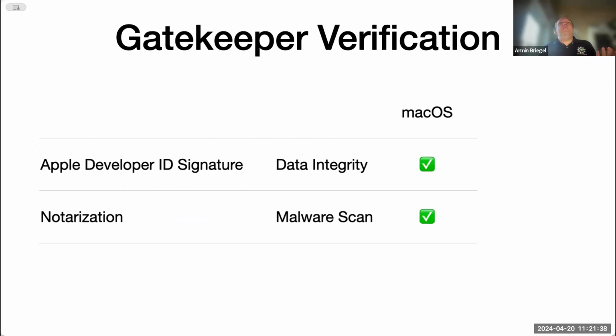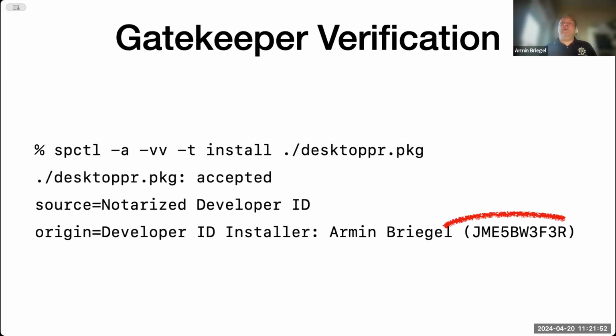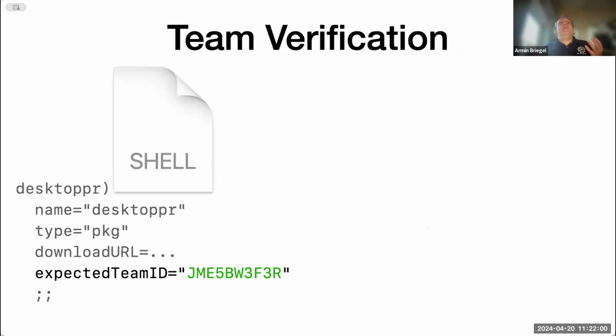So macOS already does the data integrity scan, and with notarization, they claim they scan it for malware when you upload to notarization. We don't have any more details over that process, so we have to take Apple at their word, but we gain all of that with Installomator. But using this 10-digit developer ID, we can go one step further. And the reason for this is Gatekeeper doesn't care which developer ID something was signed and notarized with.